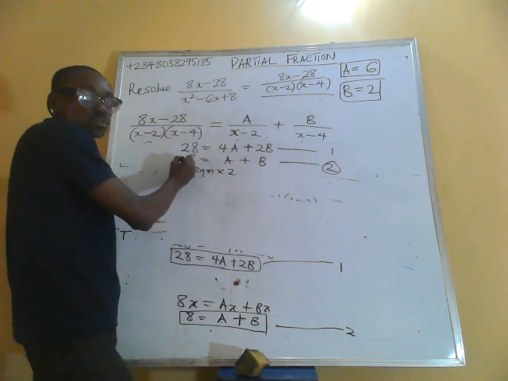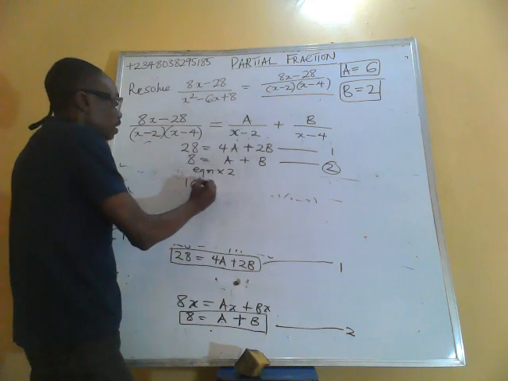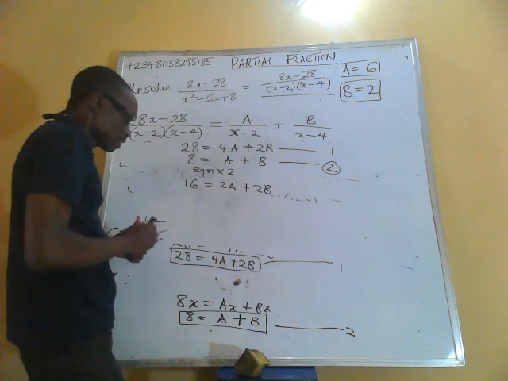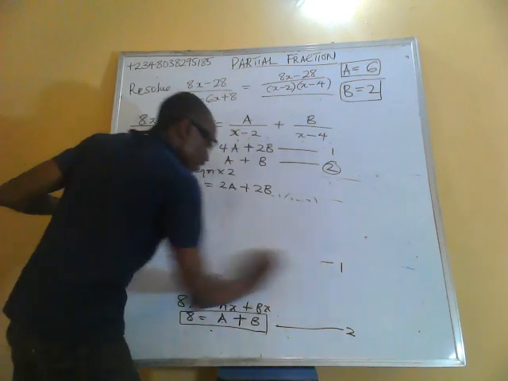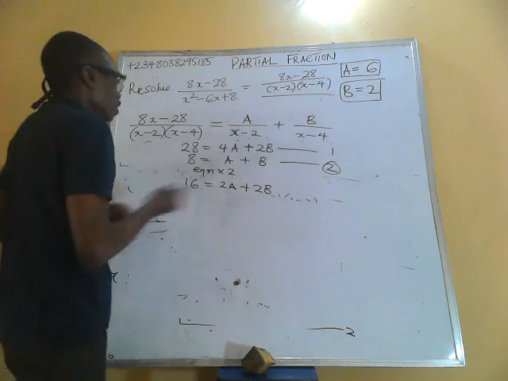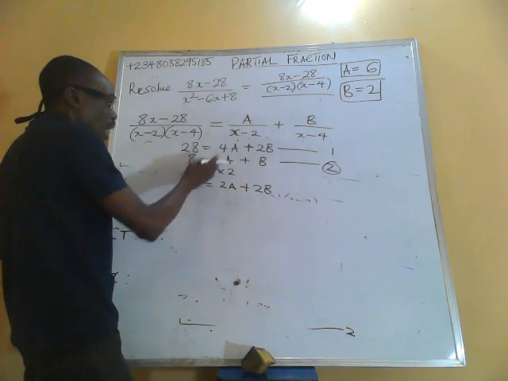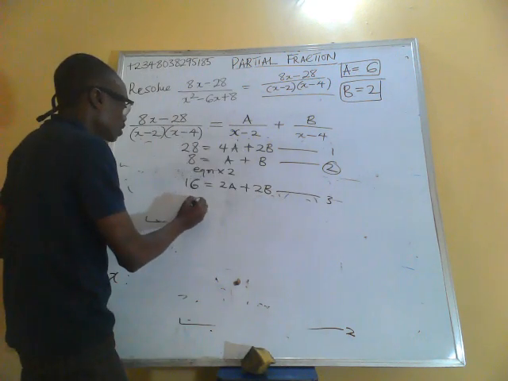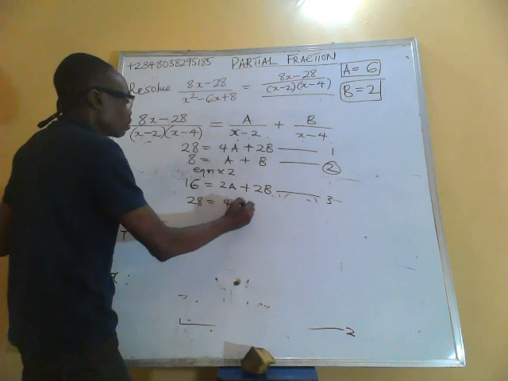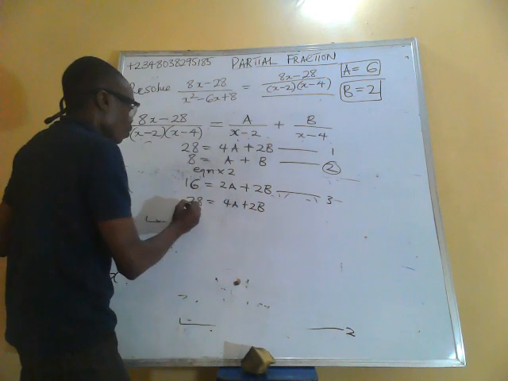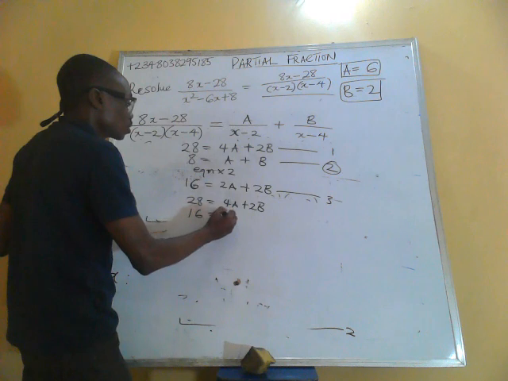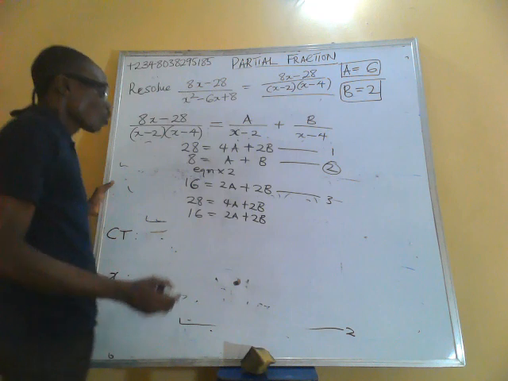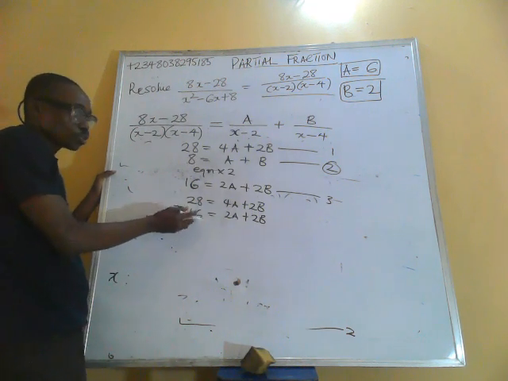If I multiply equation 2 by 2, this becomes 16, this becomes 2a, this becomes 2b. This is equation 3 now. Bringing equation 1 and 3 together, we have 28 equals 4a plus 2b, and 16 equals 2a plus 2b. So we're going to subtract equation 3 from equation 1.